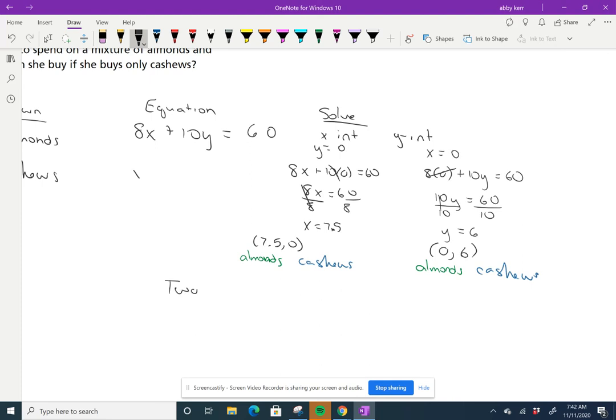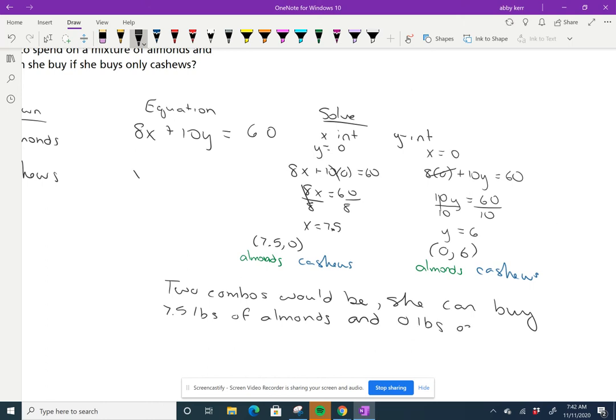So 2 combinations would be: she can buy 7.5 pounds of almonds and 0 pounds of cashews.